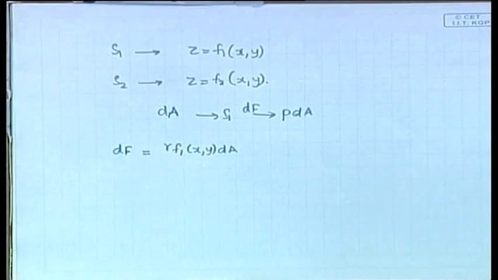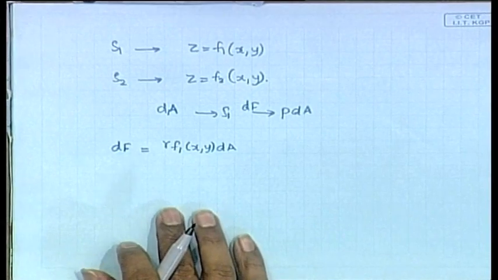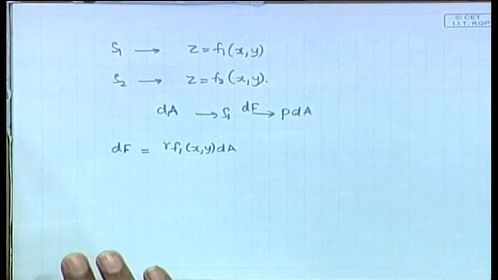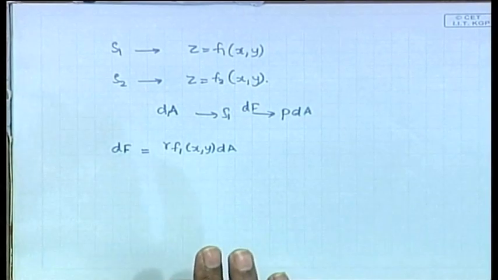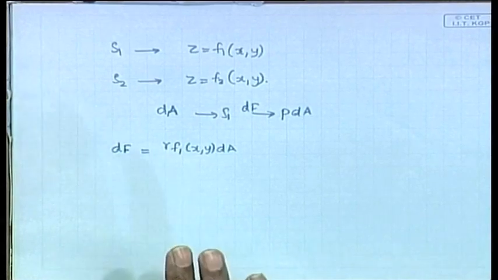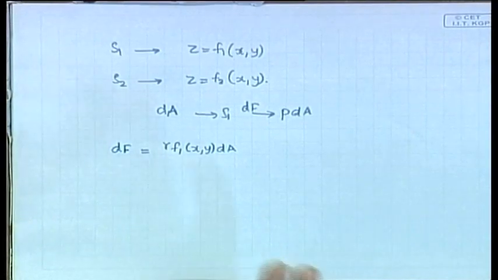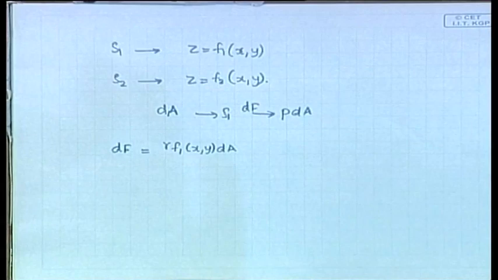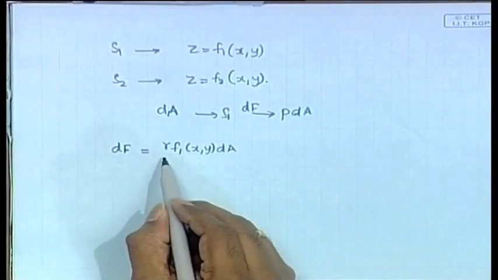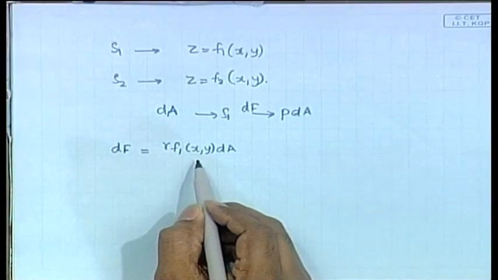Is it clear or should I repeat something? All right. To get P, P is rho g h, rho g is gamma, h is z and z is given by f1 of x y for the surface S1. Therefore, I write dF as gamma f1 of x y dA.